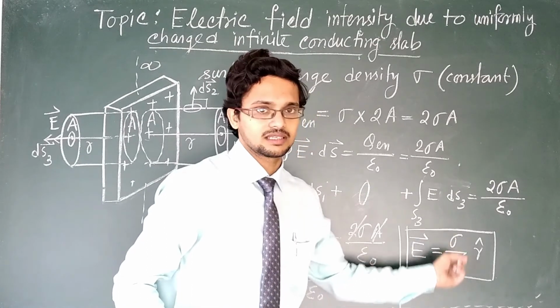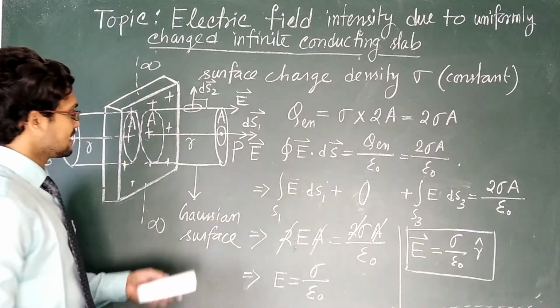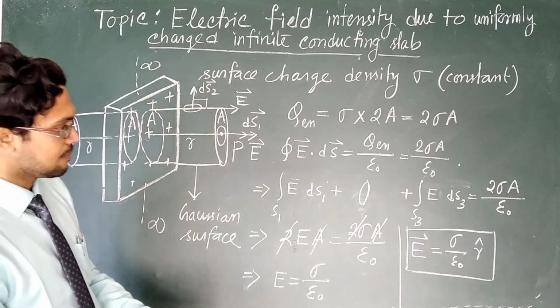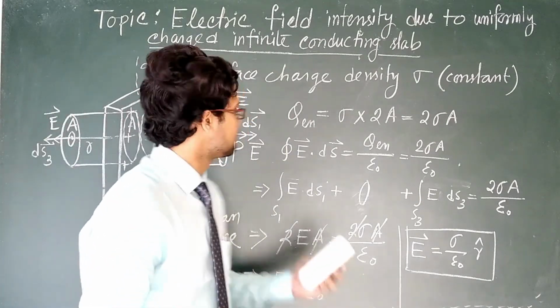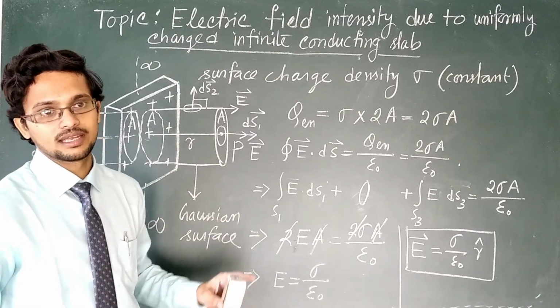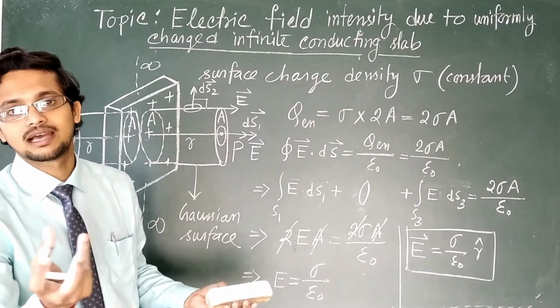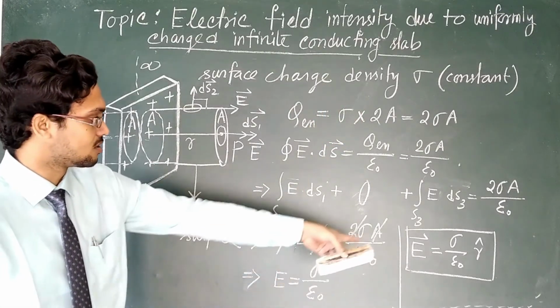Now look at this expression also. There is no r term in this magnitude, so it is constant at any distance. Again here we have to consider that point P which is very near to this slab. If we take any point very far from this slab, then the slab will look like a point charge, and then we will not get this.